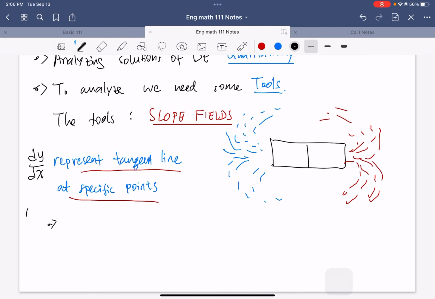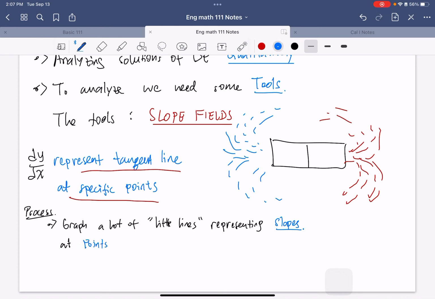The process is we are going to graph a lot of little lines, or in your textbook it's called the lineal element, but let me just write little lines to make it easy to understand, representing the slopes at certain points on the x, y axis.